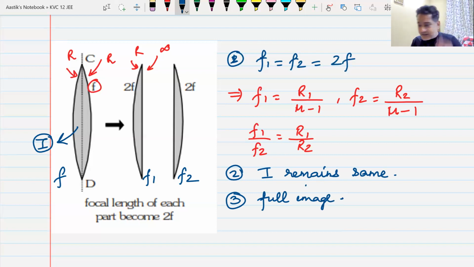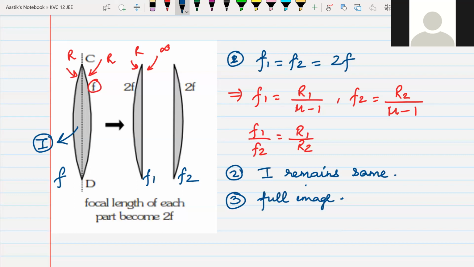This is what happens if I cut it along the optical axis. Do we understand this? Yes or no? I'll give you 2 minutes to note it down. Don't worry, I will not move ahead unless you give me a go ahead. Trust me on that.